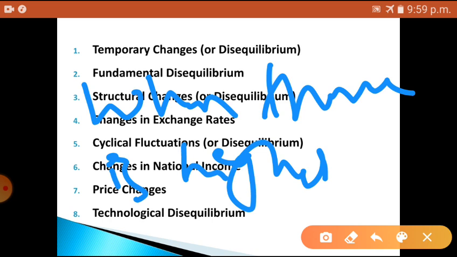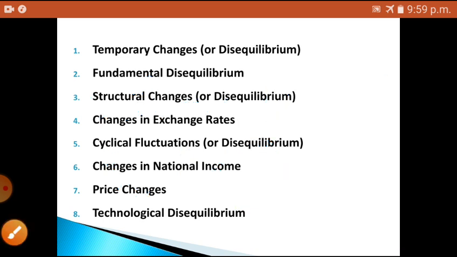As a result, the country imports more goods and exports less, meaning there will be a huge outflow of capital. This leads to an unfavorable BOP. This was the change in exchange rate.